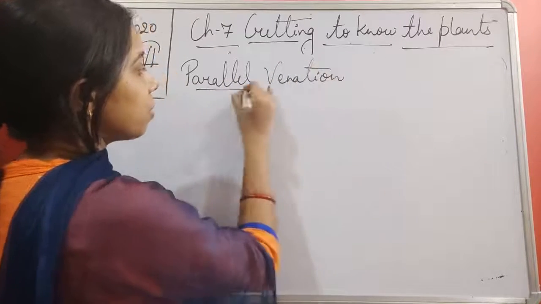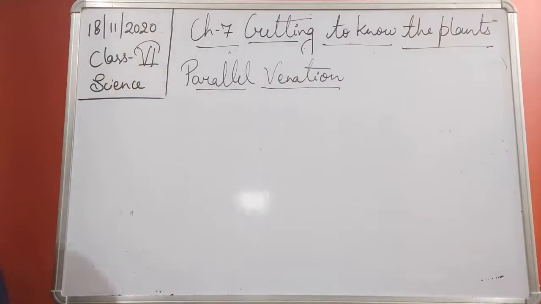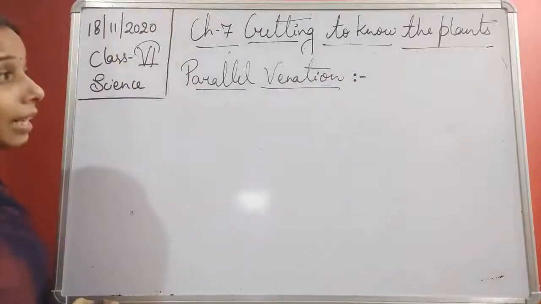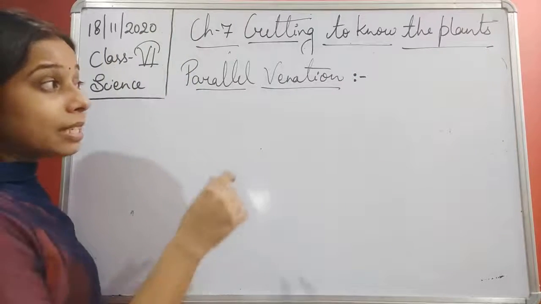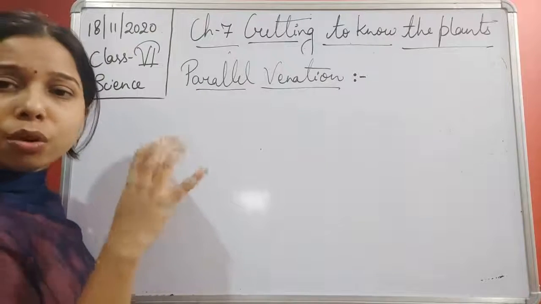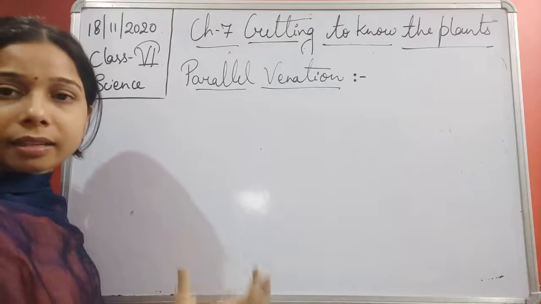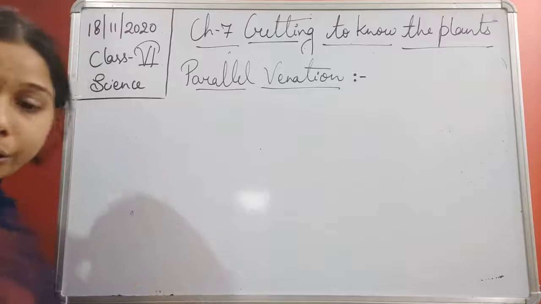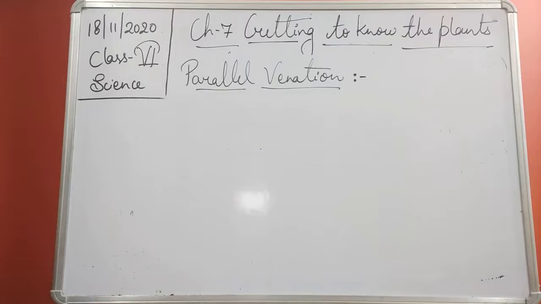So what is parallel venation, students? In such a venation, the veins are parallel to each other. They do not show a net-like structure or net-like design, but all the veins are parallel to each other.